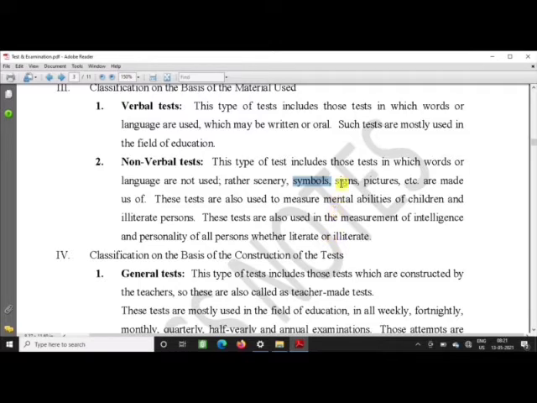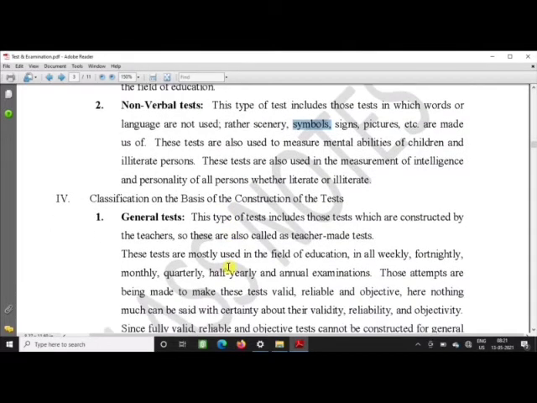Only symbols, signs, pictures, or scenery are used. So even illiterate children or people can be tested through non-verbal tests.